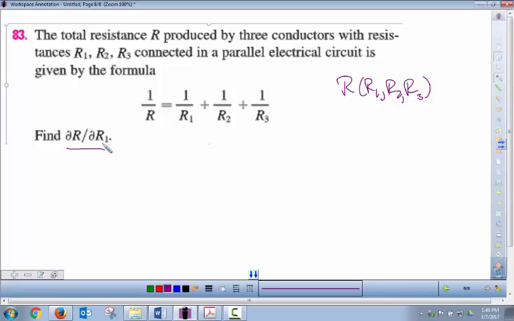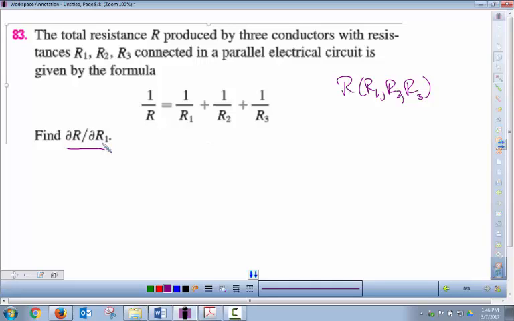If I want to find the derivative of capital R with respect to little r1, and capital R is not explicitly solved for by itself, there's my hint, what do we do? Implicit differentiation. It's not explicitly solved, so let's differentiate implicitly.